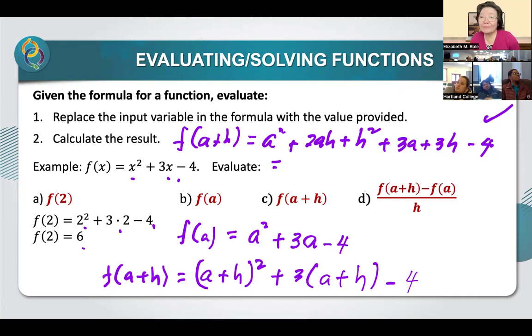You want to do it mental math? It will be hard. You know this to be your f of a and this to be your f of a plus h. So you subtract f of a plus h minus f of a and then divide by h.